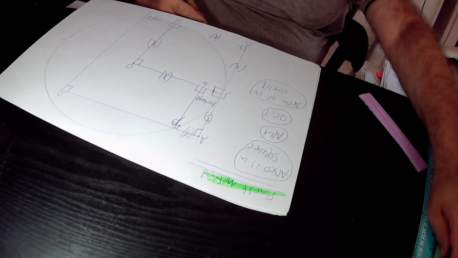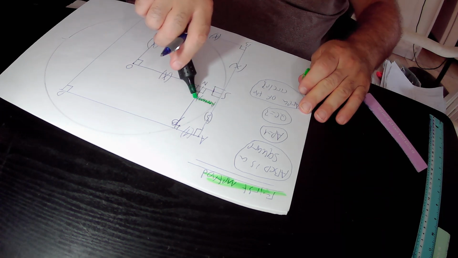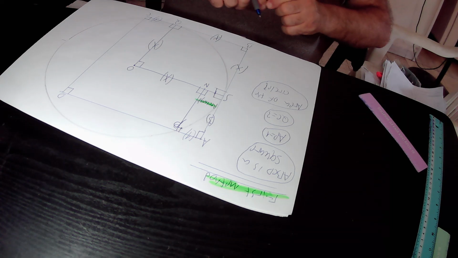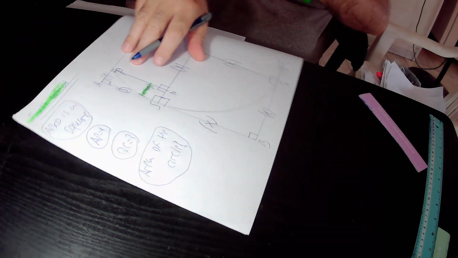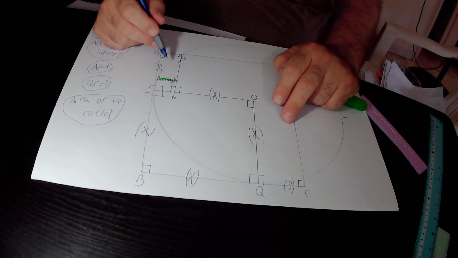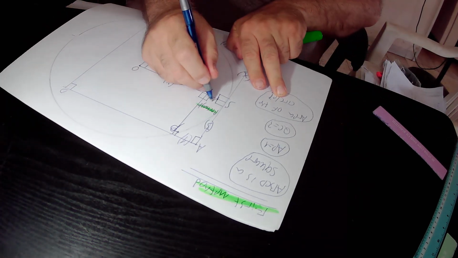But we also know that the opposite sides of a rectangle are equal to each other. So in rectangle APNS, side AP must be equal to the opposite side NS. But AP is 1, therefore NS must also be equal to 1 unit in its length.